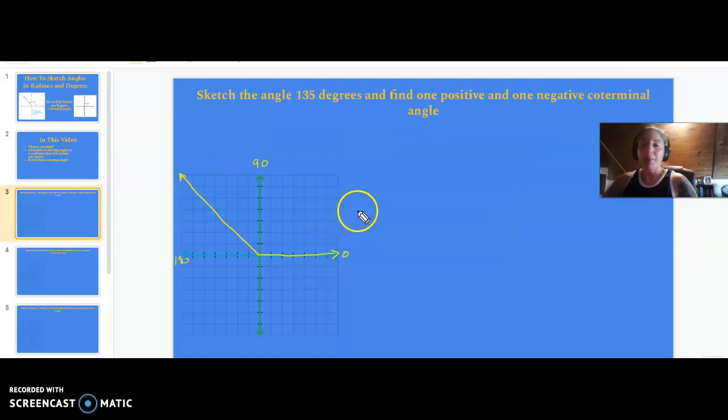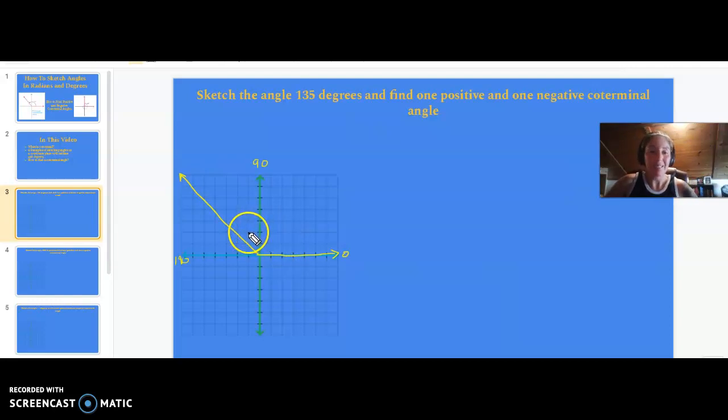Now we need to find a positive and negative coterminal angle. What does it mean to be coterminal? Coterminal angles have the same starting side and the same ending side, however they may be more than one rotation, either positively or negatively. Right now this is 135 degrees and it opens counterclockwise.